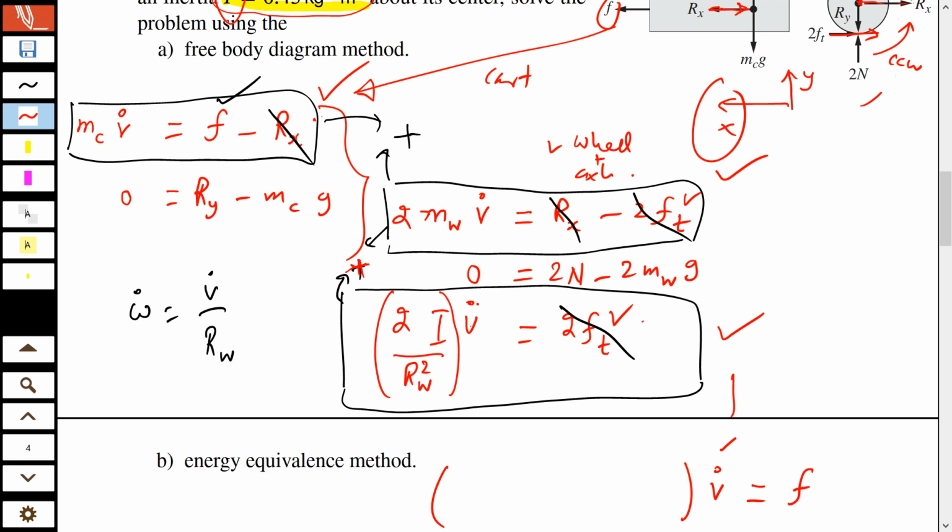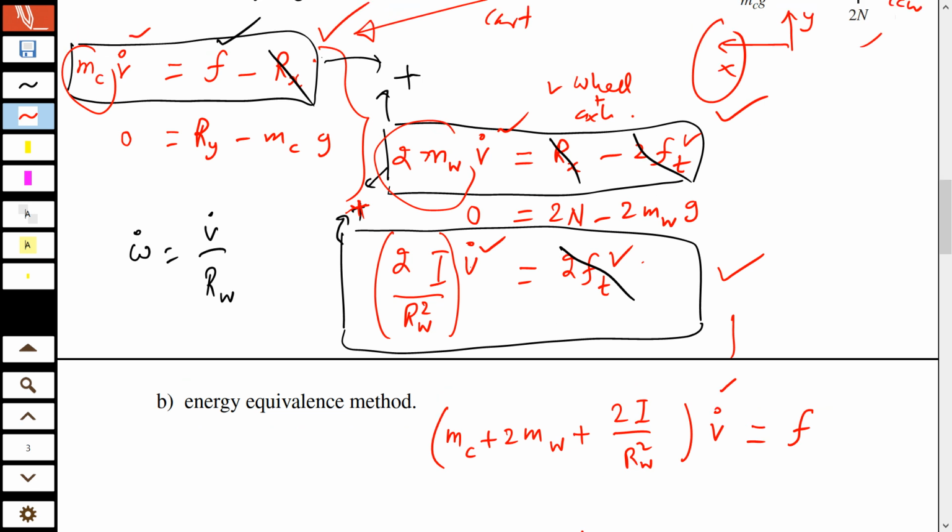V dot is everywhere. And now in the first equation, V dot is multiplied by MC. In the second equation, it is multiplied by twice M wheel. And in the third equation, it is multiplied by twice I divided by Rw squared.